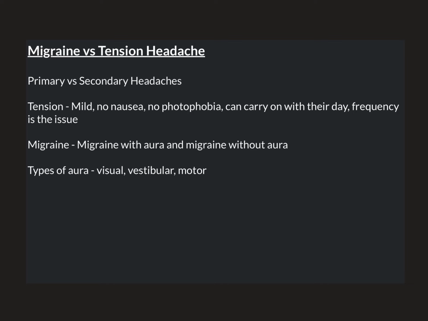But again, it's not a provable diagnosis. There's no objective test that you can do to prove that diagnosis as of the 21st century. It's a diagnosis based on the history of what has happened.